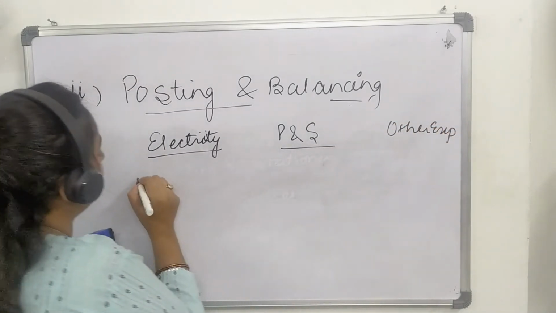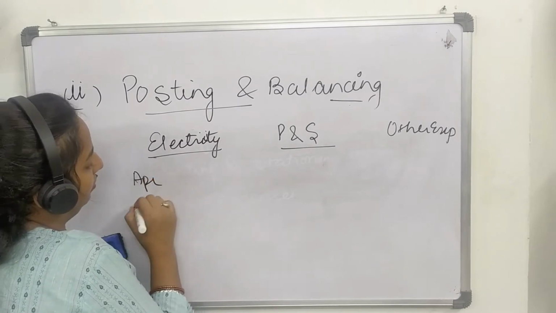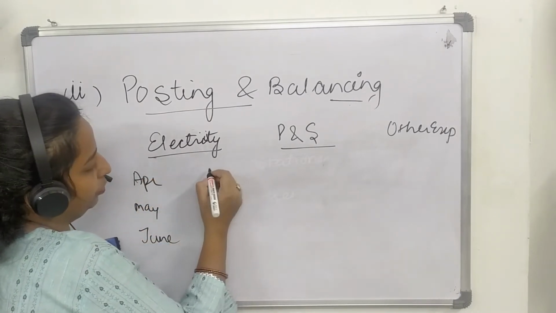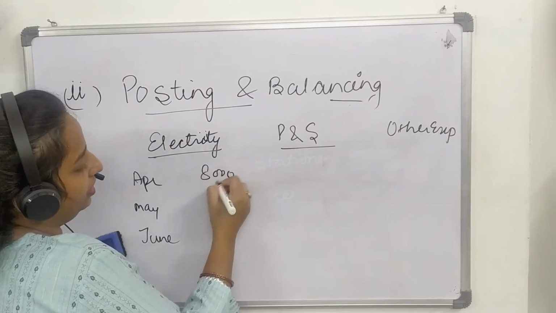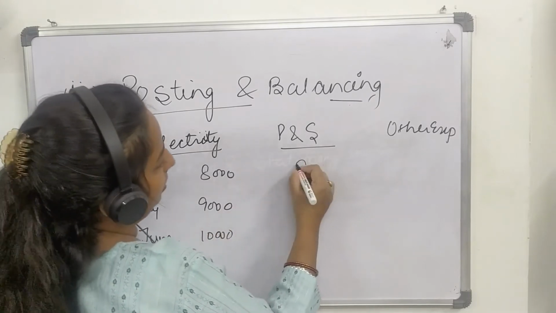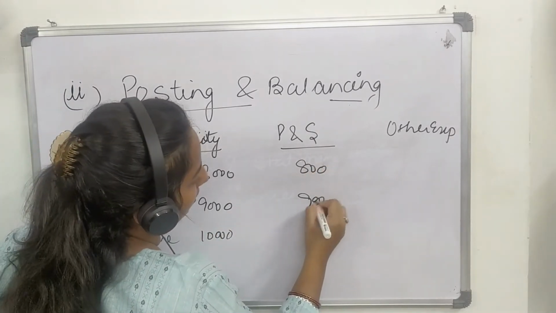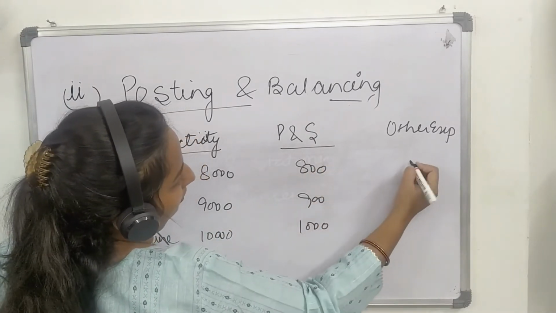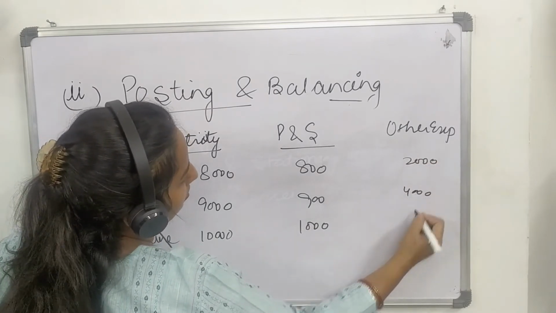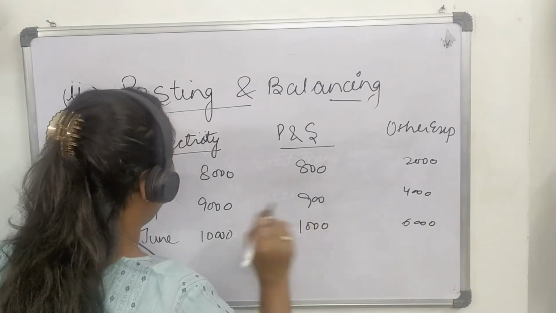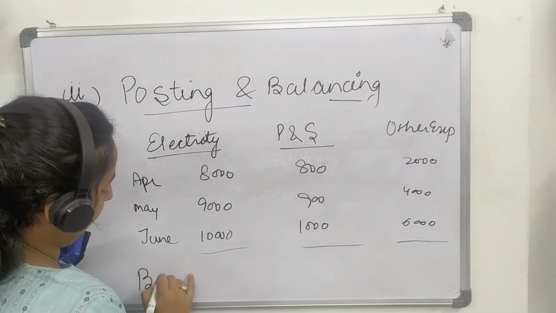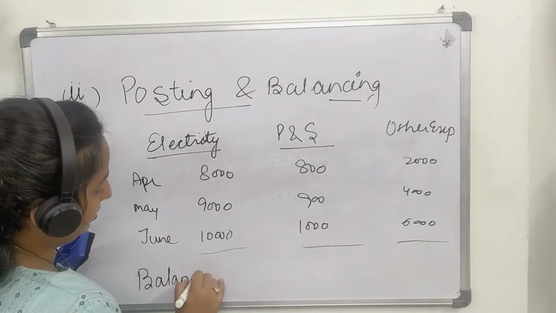For every month, April, May, June, the posting will be like 8,000, 9,000, 10,000. Similarly, 800, 900, 1,000, and 2,000, 4,000, 6,000. All right. Now, after that we will do the balance.